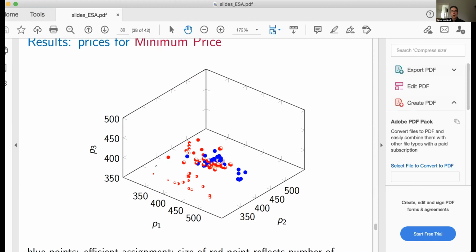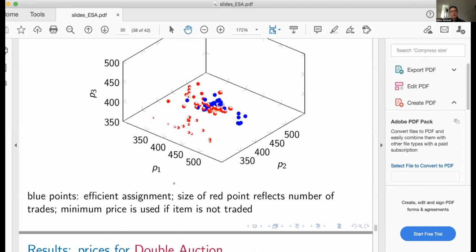The size of the dot indicates the number of matches. You can see the orange shade there is actually the core. So people are around the core, and if we magnify this, which I cannot do now, you will see the prices are crawling around the incentive compatibility constraints.